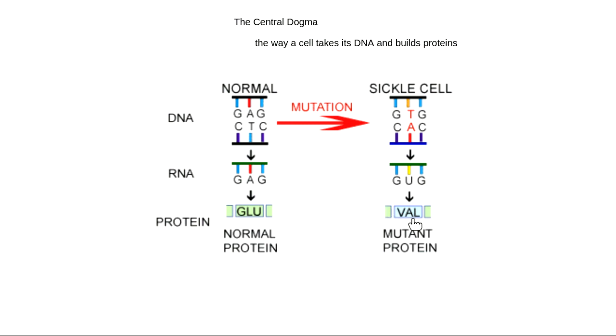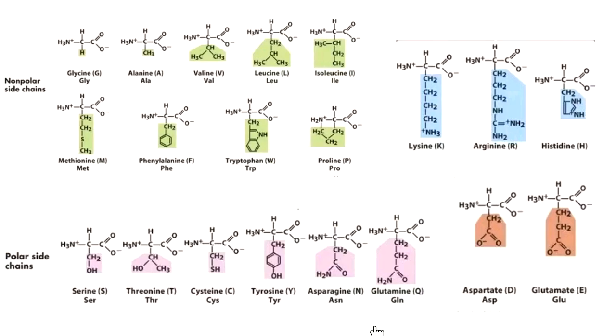When we're comparing glutamate to valine, these are different amino acids. They have very different biochemical properties. If you remember back from our discussion in lesson number 5, when we were talking about our types of amino acids, remember that they have different personality types. Some of them are nonpolar, some are polar, some are positively charged, some are negatively charged.